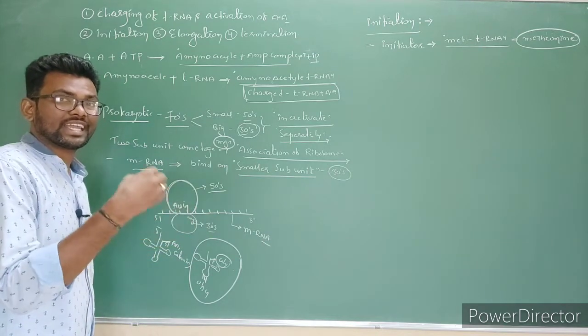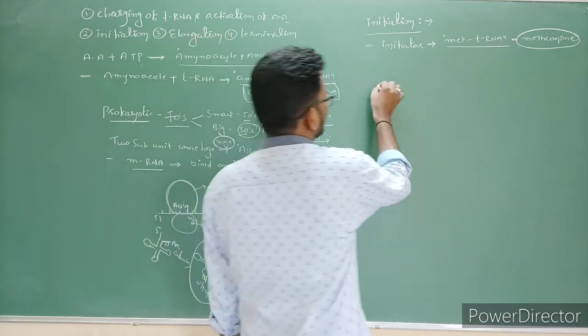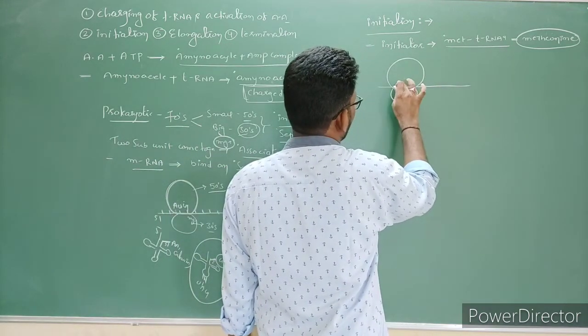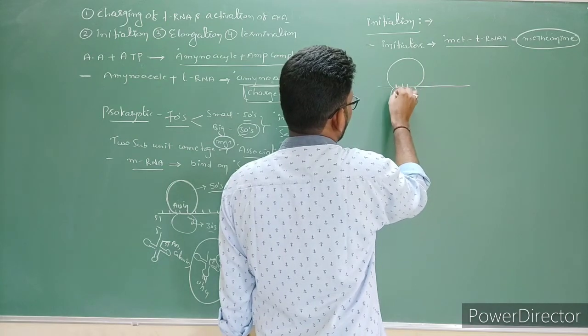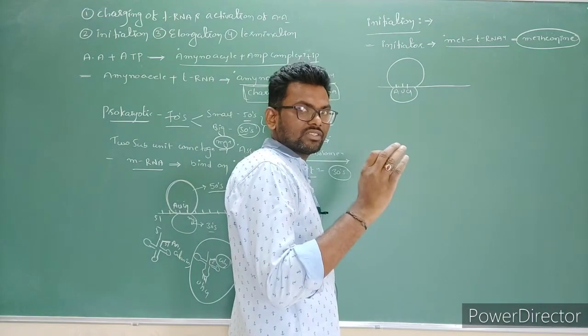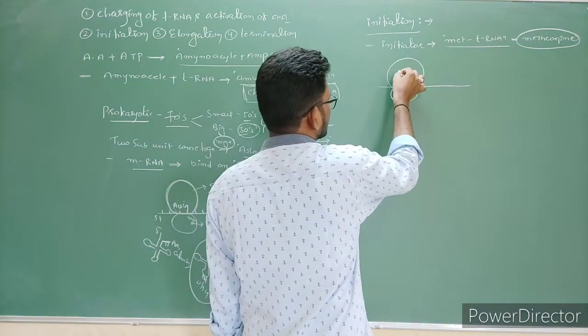That is called initiation, right? Now this is the smaller subunit, this is the bigger one. AUG is the initiation site. Protein synthesis always starts from the initiation site, that is AUG. Now the tRNA came.